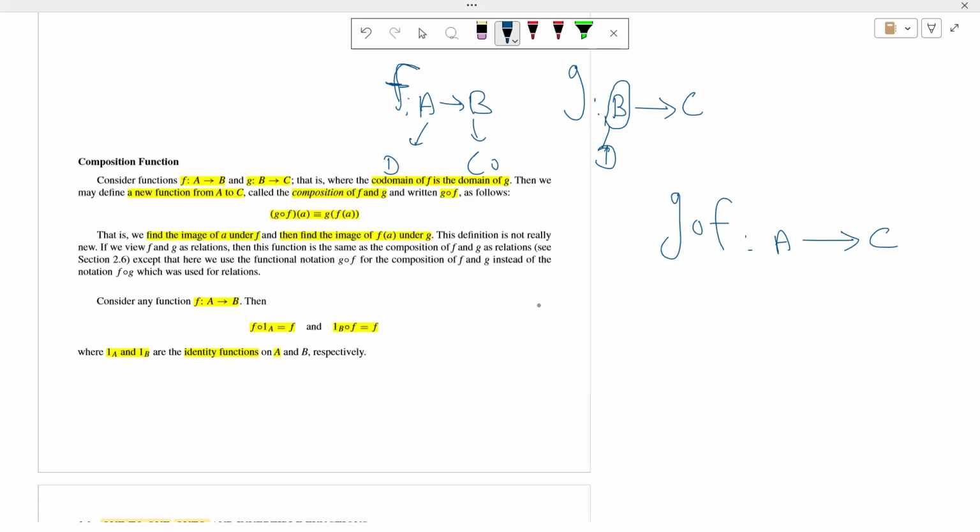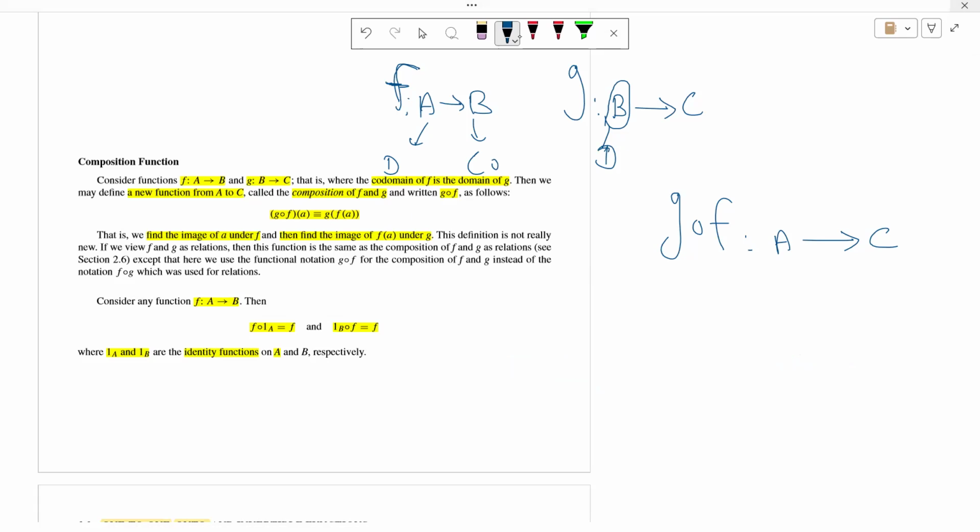The important condition is that the codomain of the first function is the domain for the second function. Then we can say this is a composition of functions, right?